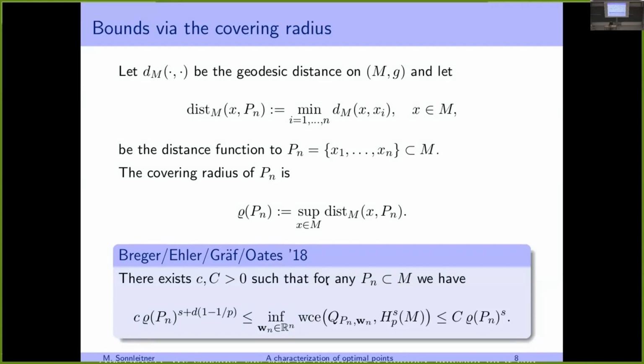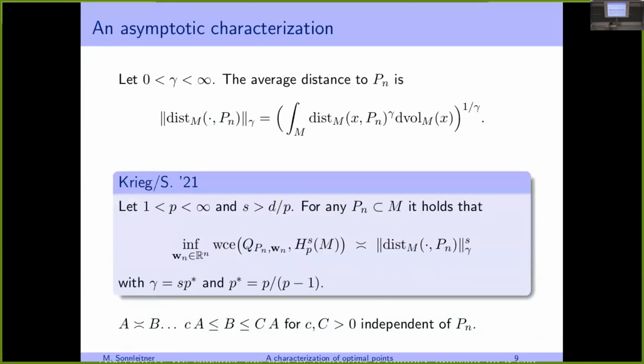So what kind of geometric notions could we use else? In our result, we looked at the average distance instead of the maximal distance, so to speak, where we look at the distance function and take an L gamma norm of this. So it's an average with respect to the volume measure on the manifold.